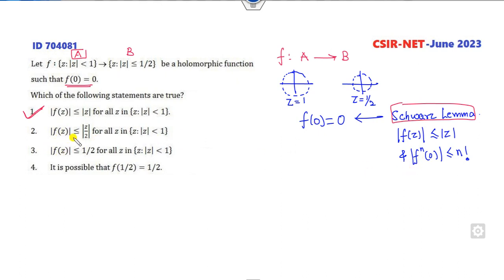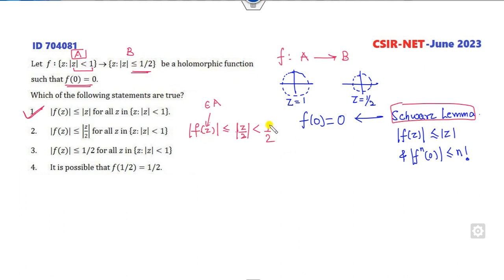Look at this one. Mod f of z is less than mod z by 2. Now what is the z? This z belongs to A. So what is given to you in A? Mod z is strictly less than 1. So I can say mod z is strictly less than 1, and it is less than 1 by 2. And what is B? B is here.